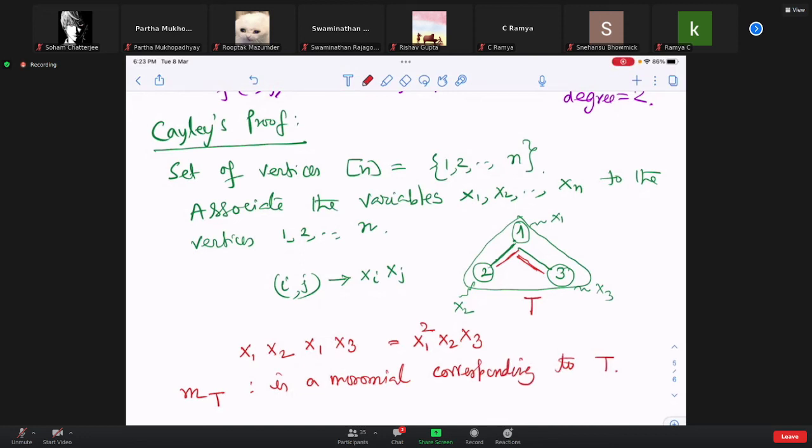So did you understand, given a tree, how do you construct a monomial? Transforming graph theory to algebra. Or we could just say that it is x1 raised to the degree of 1.